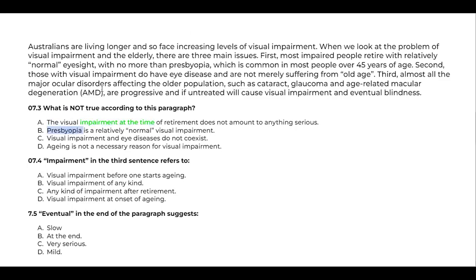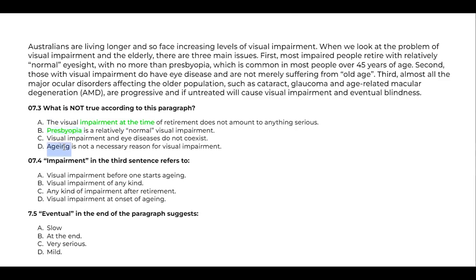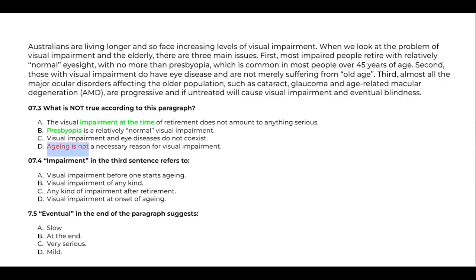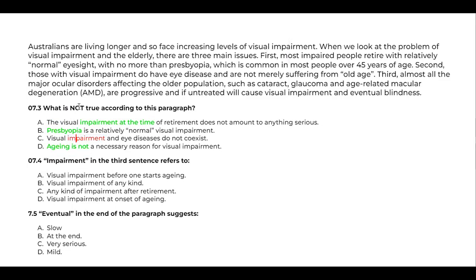If this is a correct answer, you can eliminate that. And if the D is also a correct answer, you can eliminate that. See, all the 3 correct answers are now eliminated. So whatever is the incorrect answer will be the right answer now. That is a specialty of not true kind of questions. You have to find out what is not true. All the best. You can now start.